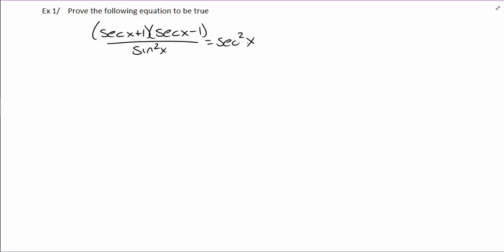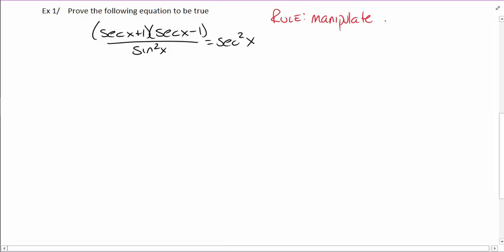We prove it by algebraic manipulation. We prove it by using our fundamental identities to somehow manipulate so that the left and right sides are exactly the same. One rule that we're going to set here is that we cannot manipulate both sides. We may only manipulate one side of the equation.